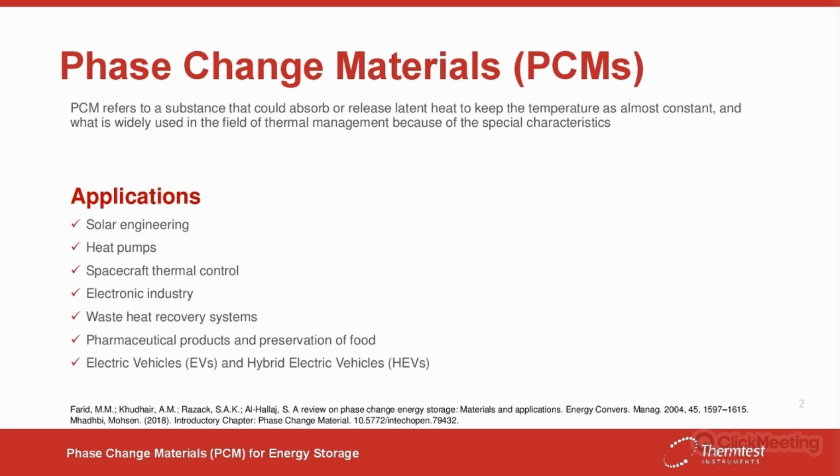The applications of the phase change materials are in solar energy, in heat pumps, in spacecrafts for thermal control, in the electronic industry, in waste heat recovery systems, in pharmaceutical products, and in electrical vehicles and hybrid electrical vehicles.